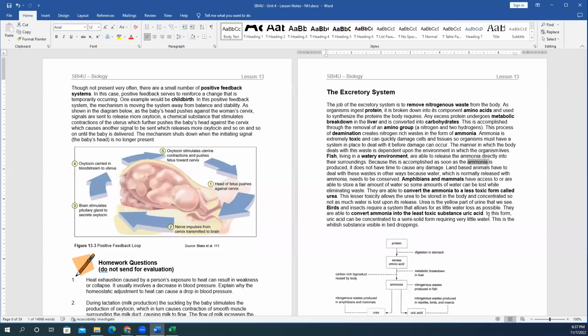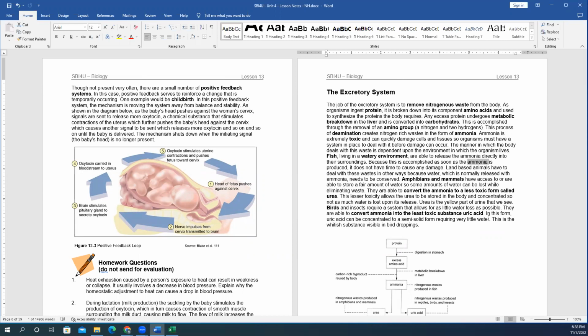But land-based animals, such as mammals like ourselves, have to deal with these wastes in other ways, because we don't live in a watery environment, and we really need to conserve the water that is typically released with ammonia.